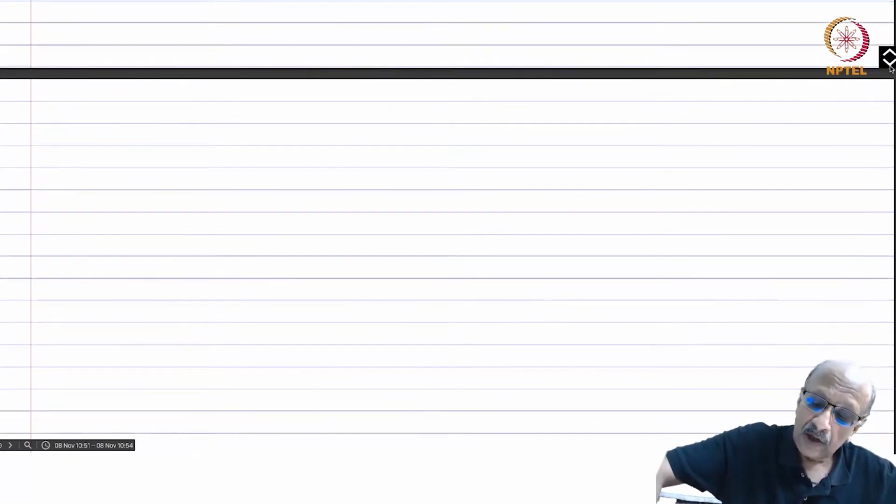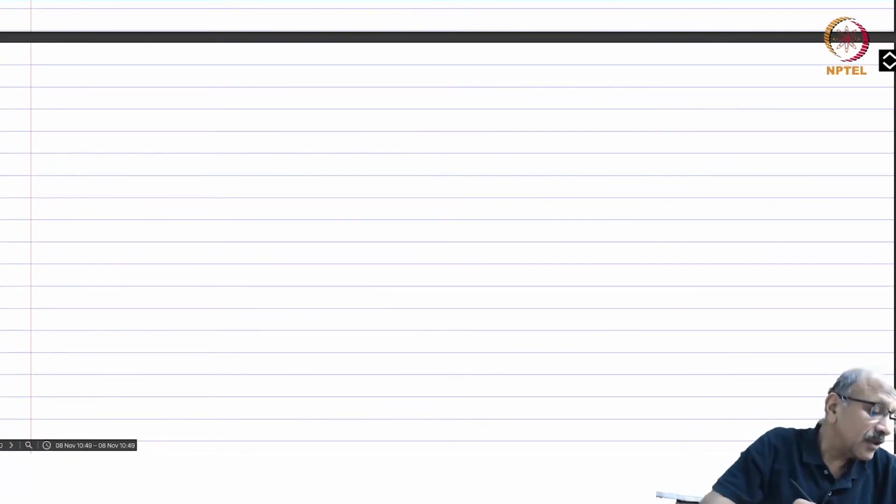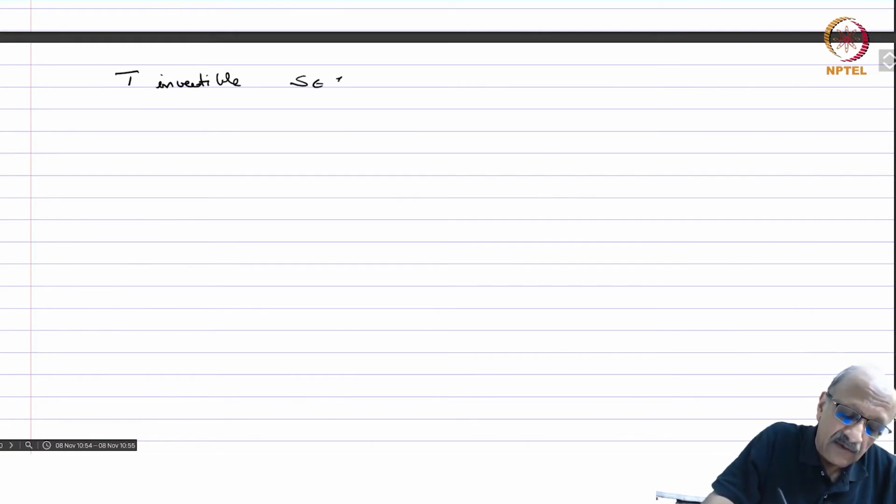Also recall something else which we have done. Let us take T invertible, and S in L(V) such that norm S is less than 1 over norm T inverse.